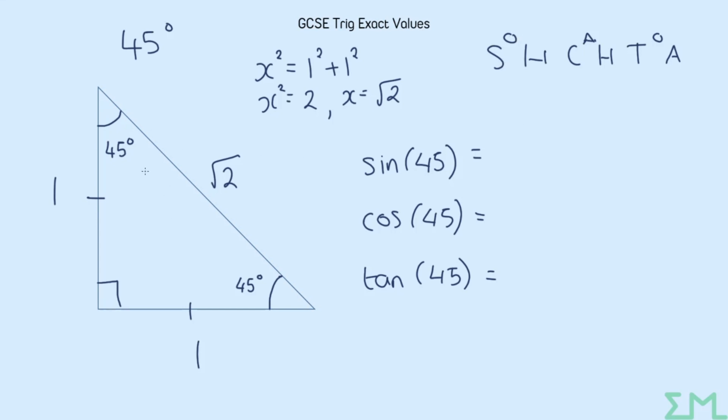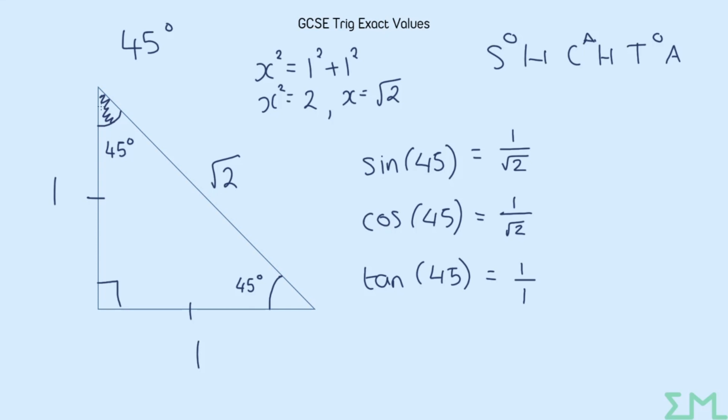So if we look at our little triangle, that is 1 over root 2. Cos is adjacent over hypotenuse. We can pick either of the angles here, so for example, let's just highlight this one. Adjacent, 1 over root 2, just like sine. And then tan is opposite over adjacent, so that's 1 over 1.